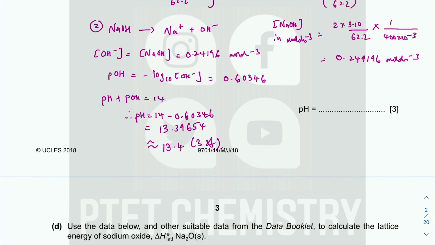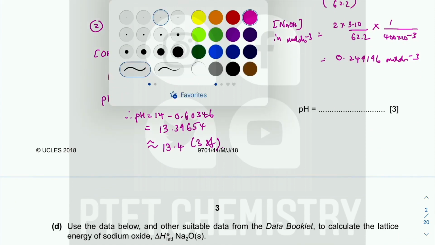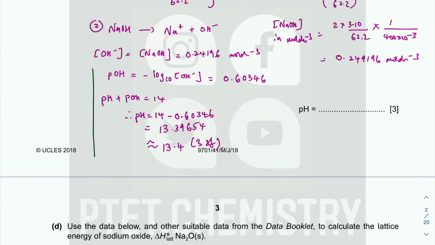I said most teachers will have taught you pOH, but some teachers didn't, and this is another method you will have been used to. This relationship comes from Kw. So Kw is 10 to the power minus 14 at 298 Kelvin, is H plus times OH minus.